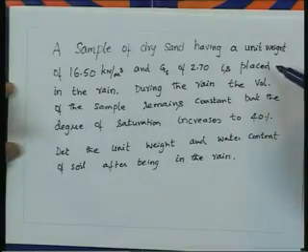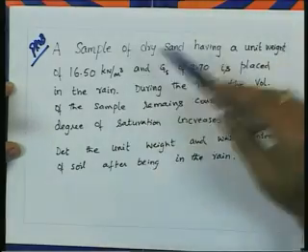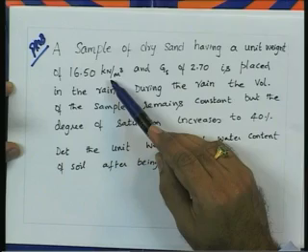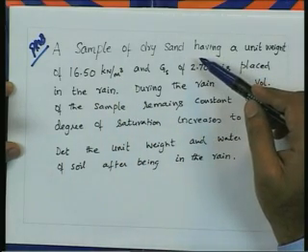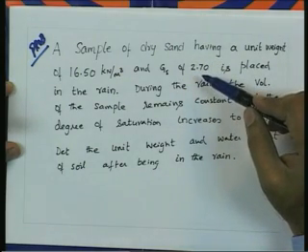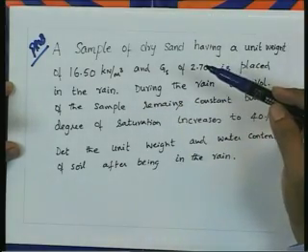Now, let us look at another problem by using the specific volume approach, that is volume of solids is equal to 1. The problem statement is as follows: a sample of dry sand having a unit weight of 16.5 kilonewton per meter cube, which is the dry unit weight of the given soil mass, and specific gravity of solids Gs of 2.7, is placed in the rain.